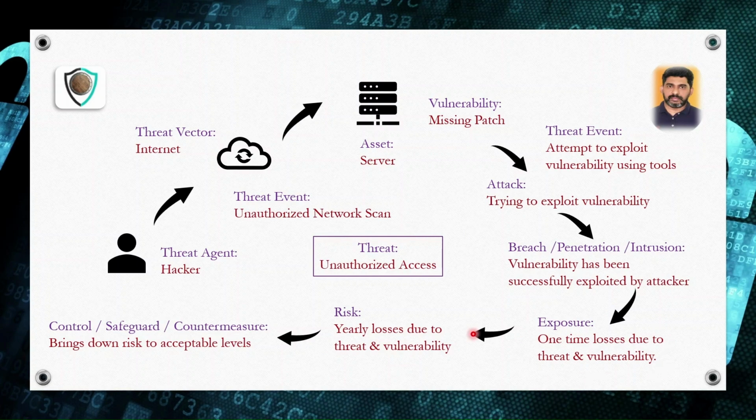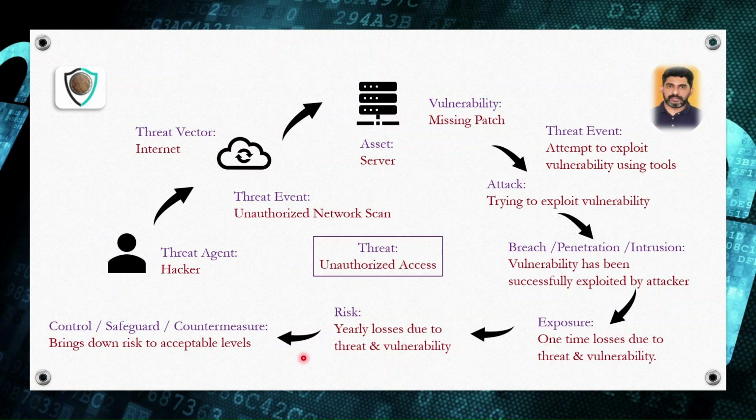Now, once you have an exposure, it will lead to risk. So exposure is the one-time losses that we face or we may face when a threat exploits a vulnerability, whereas the risk is the yearly losses that we face or that we may face due to a threat and a vulnerability.